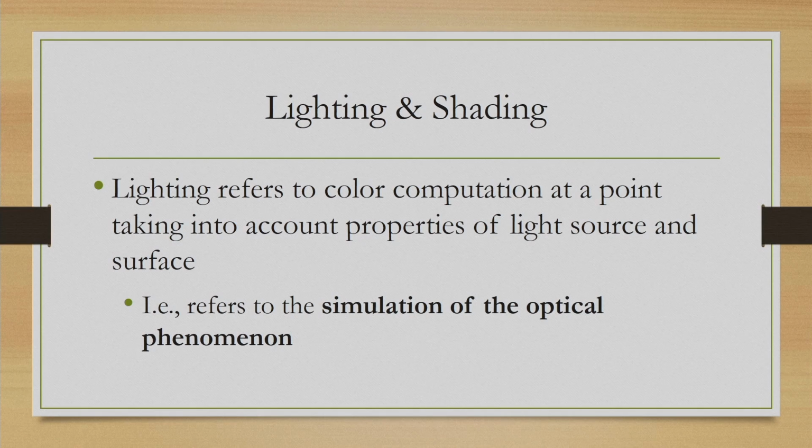In case of lighting, we take into account properties of light source and the surface. So, essentially we are trying to simulate the optical phenomena. So, when we are talking of color of a surface point, it has to take into account the property of the material of the surface, the properties of the light source, and when we are taking into account these properties, then we are talking of lighting.